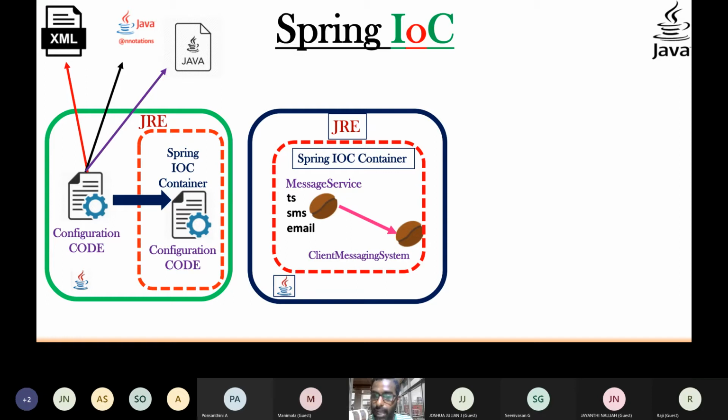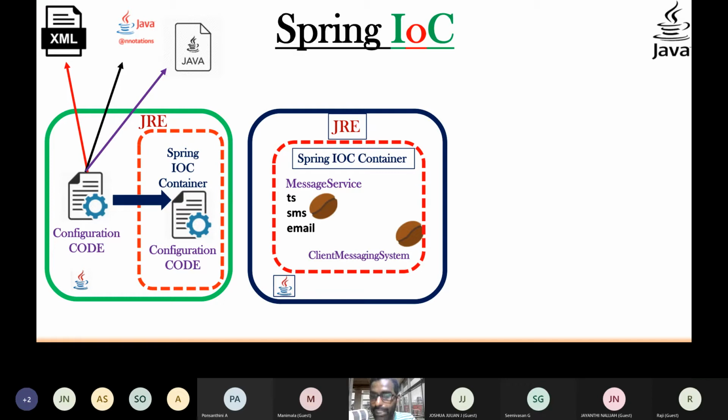But how can the injection happen? Through constructor based injection or setter based injection. That is the method you need to follow. But when we go for autowiring, we can eliminate the constructor based injection and setter based injection also, which we will see in the live code. So injection happens. Before, if you recall the previous slide which I showed, the client messaging system was voluntarily going and accessing the message service because it was a manual injection at that time, correct?